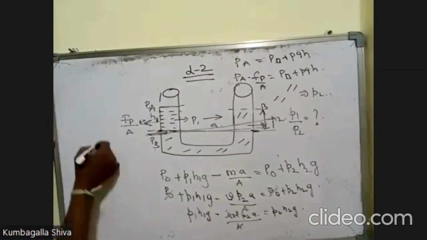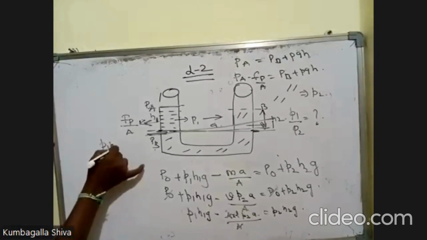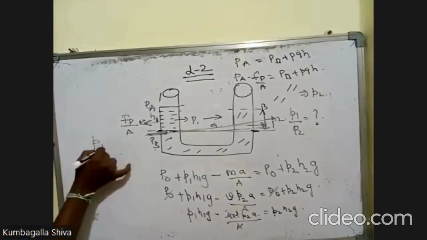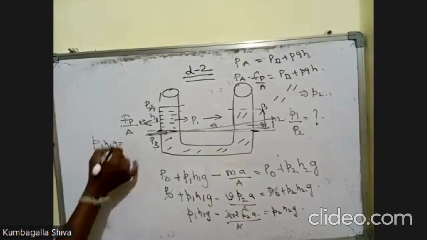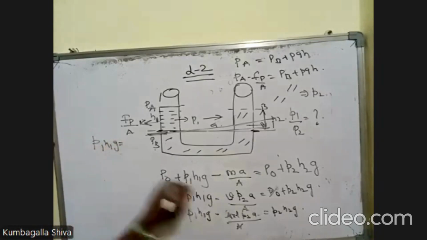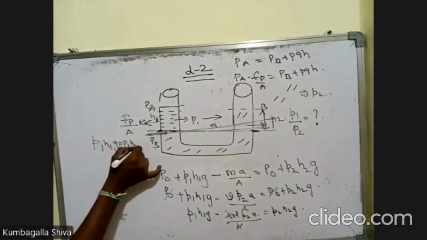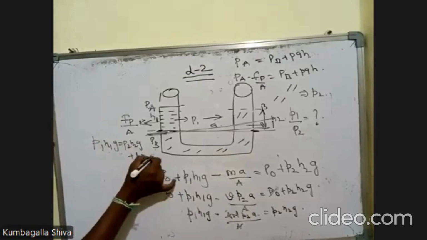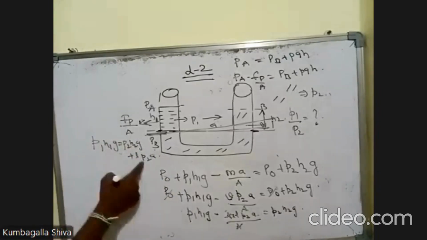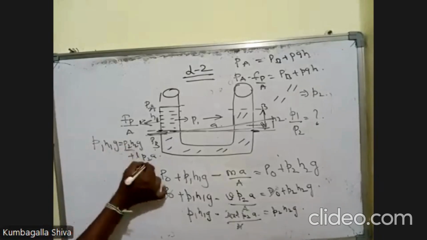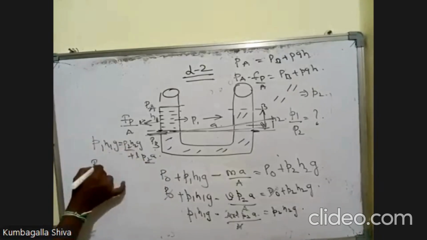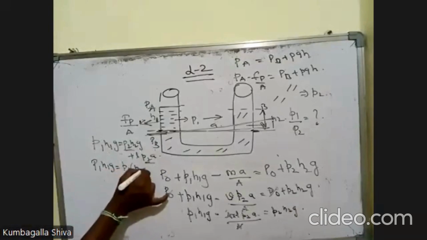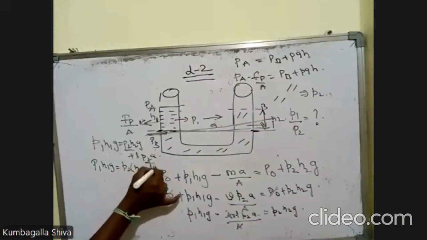What will I get here? Rho 1 H1 G is equal to rho 2 H2 G plus L rho 2 A. Now by taking the density common, rho 1 H1 G is equal to rho 2 into (H2 G plus L A).